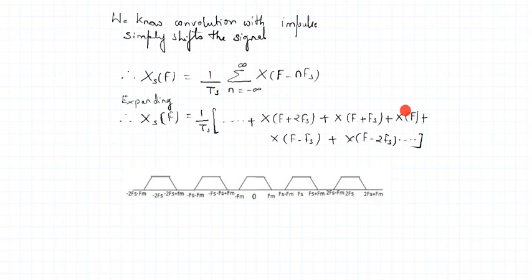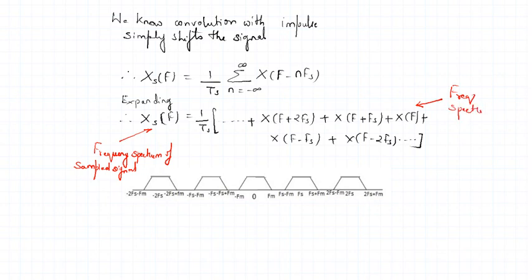So we have one frequency content in Xs of f. Xs of f is nothing but the frequency spectrum of the sampled signal. Let us mention it clearly here: Xs of f means the frequency spectrum of the sampled signal, and X of f is the frequency spectrum of the CT signal.